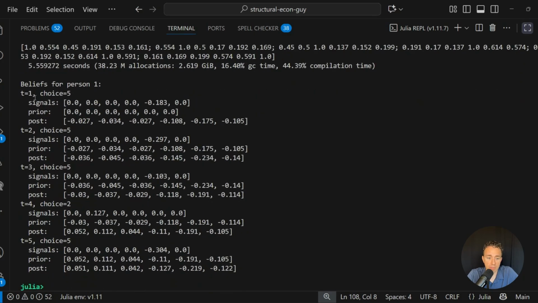So in the first period, person 1 was assigned to occupation 5, so they got a particular signal from occupation 5, and then they updated that according to the population covariance matrix, which was their prior variance at the start of the history.